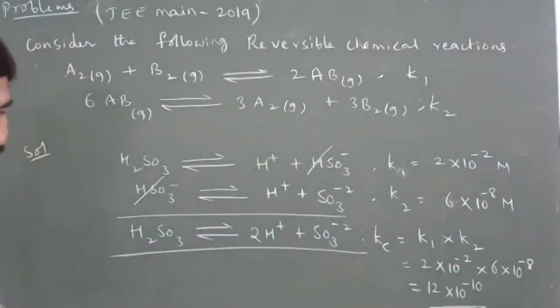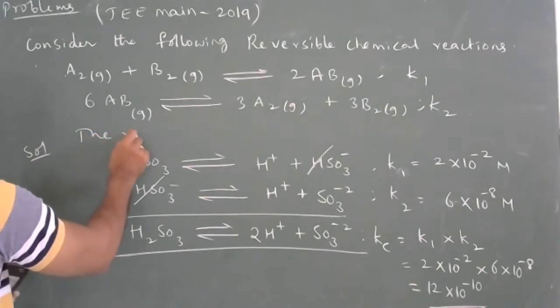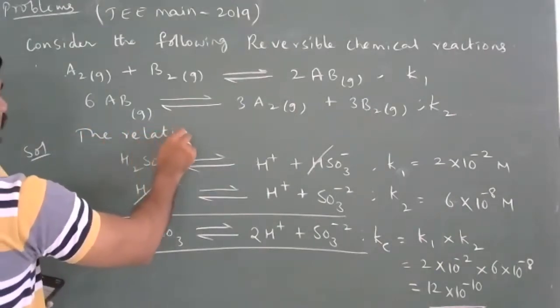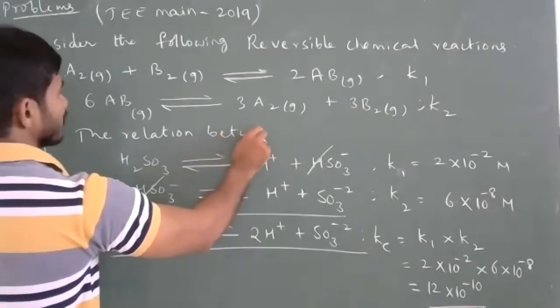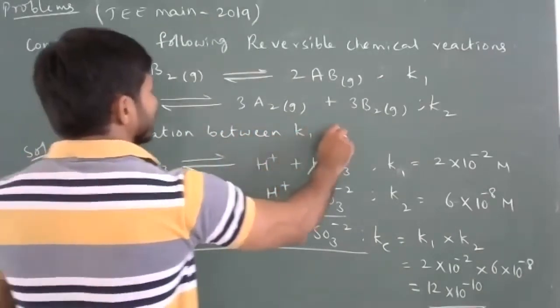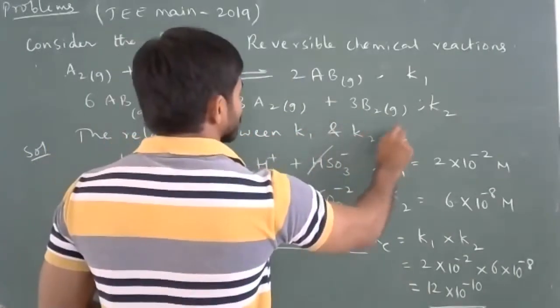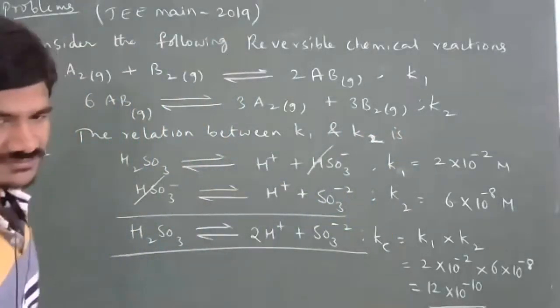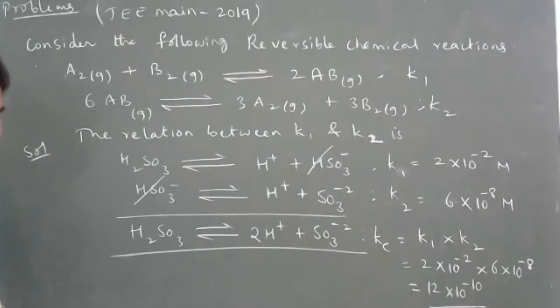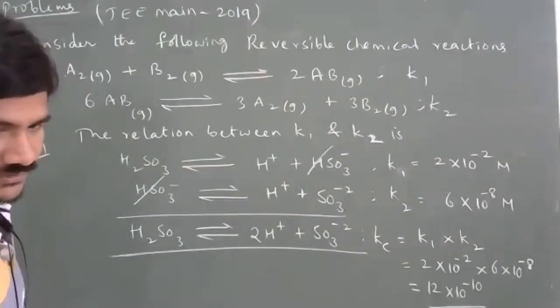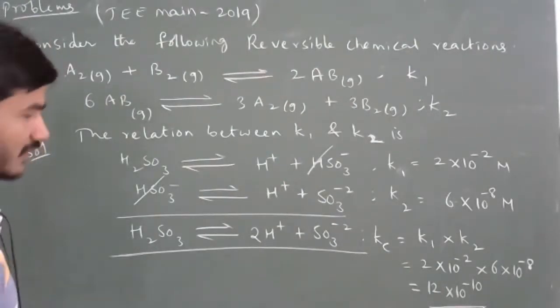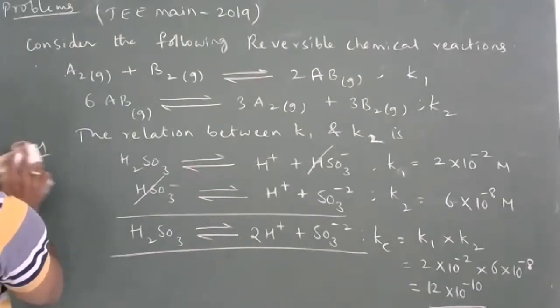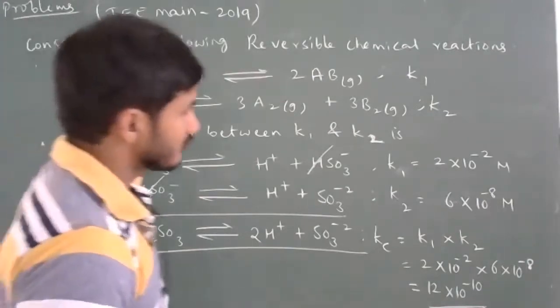For two equations, two equilibrium constants are given. The relation between K1 and K2 is, yes, K2 is equal to K1 power minus 3. Okay. So find the answer.